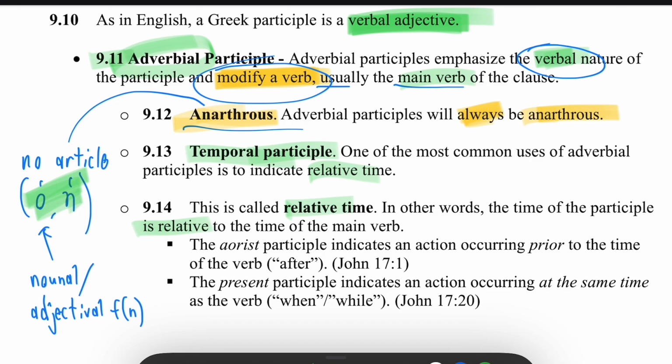So the aorist participle indicates an action prior to the time of the verb. So if you think about it, aorist is generally thinking of the previous time. So when you're thinking about relative time, relative to the main verb, it's going to be before. And then the present participle indicates an action occurring at the same time as the verb. So you translate that when or while.